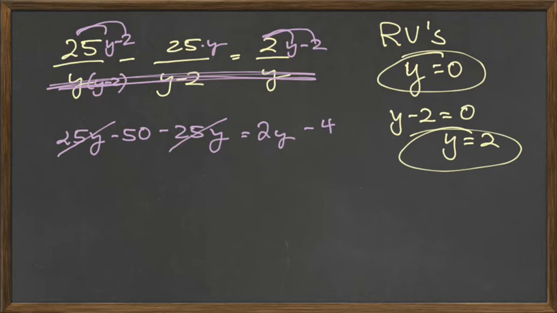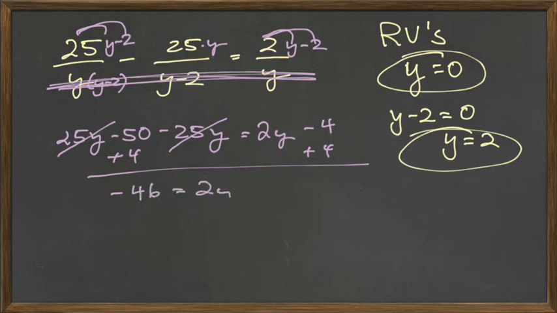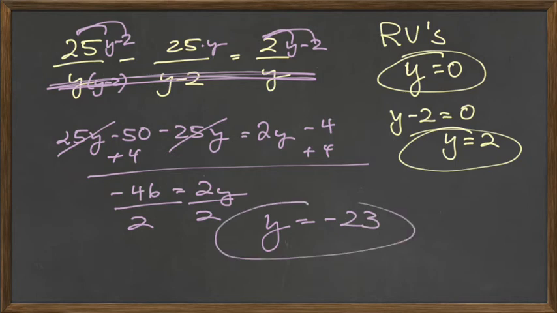Let's add the 4 here. Negative 46 equals 2y. Divide by 2. Y is equal to negative 23. I think we've done that problem. Yeah, looks familiar. Okay. Cool.